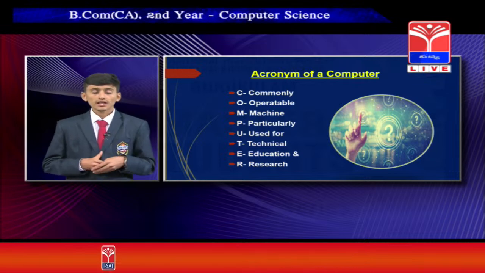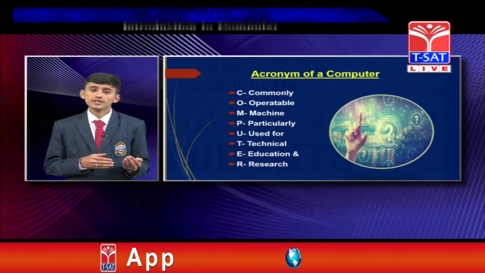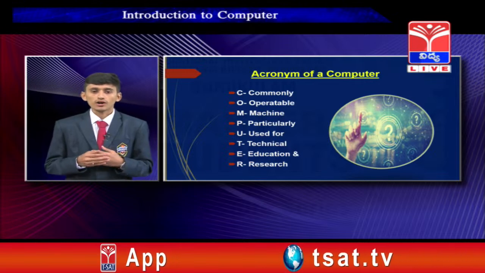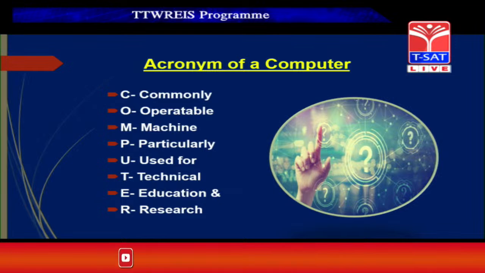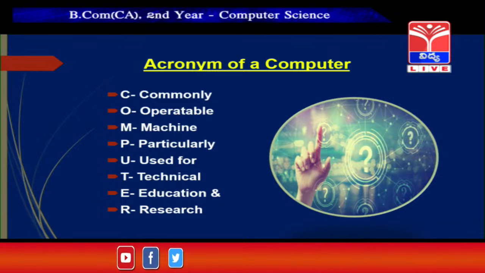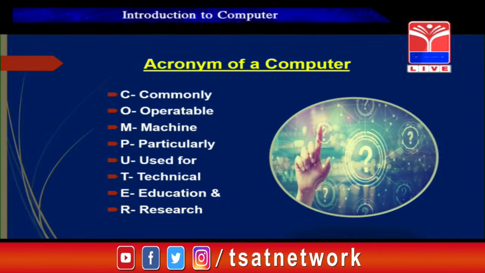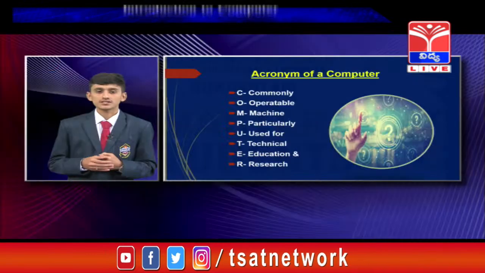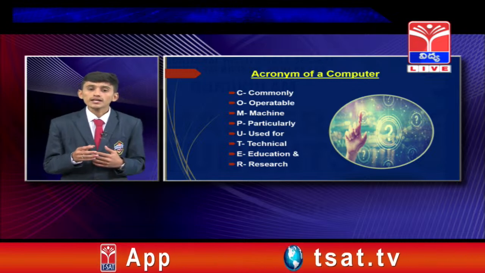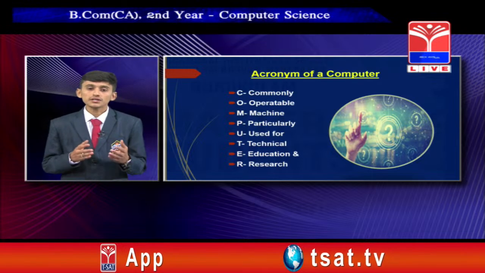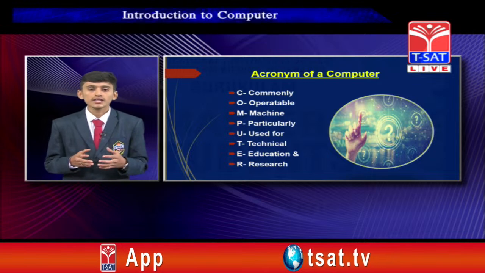C means commonly, O means operatable, M means machine, P means particularly, U means used for, T means technical, E means education, and finally R means research. Let me repeat again: commonly operatable machine particularly used for technical, education and research.